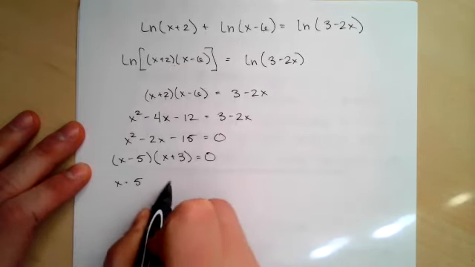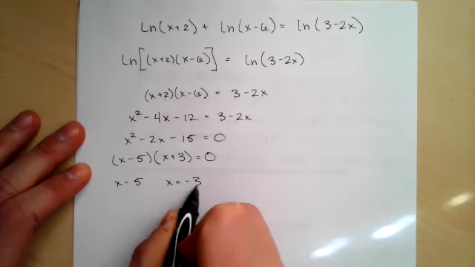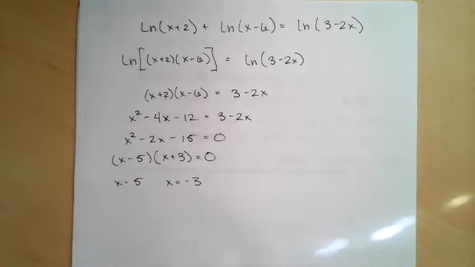So we get x equals 5 and x equals negative 3. Are we done? I claim no.